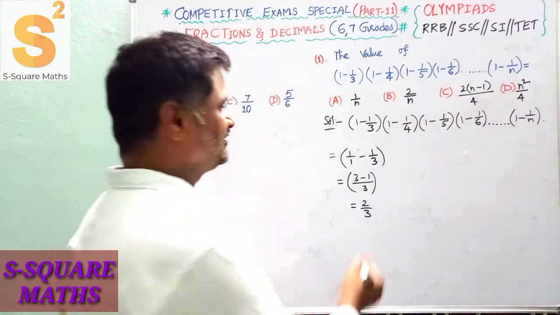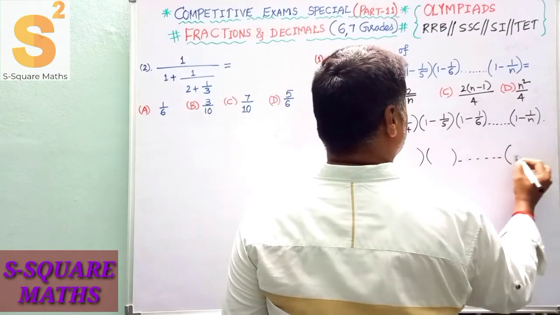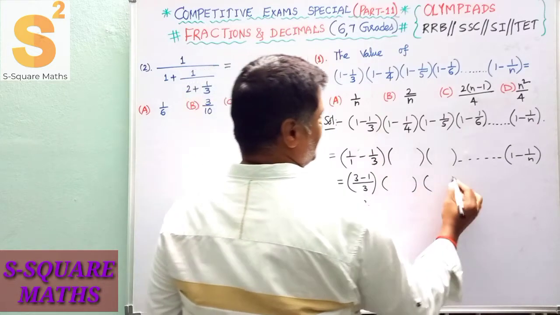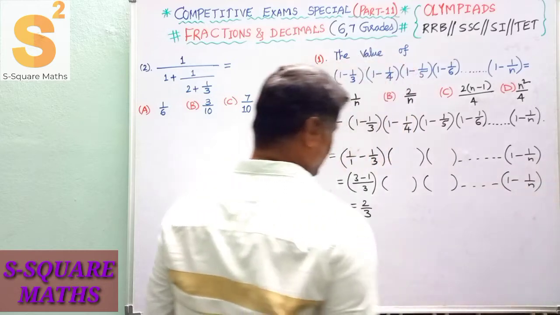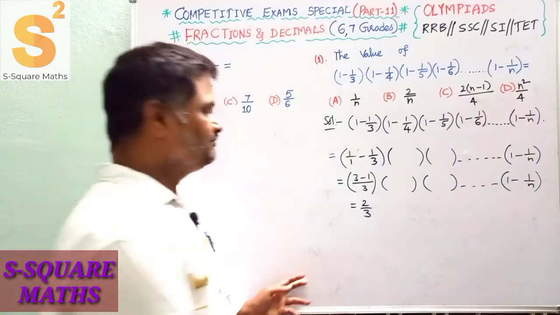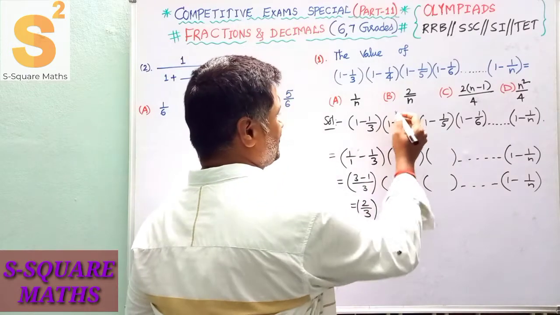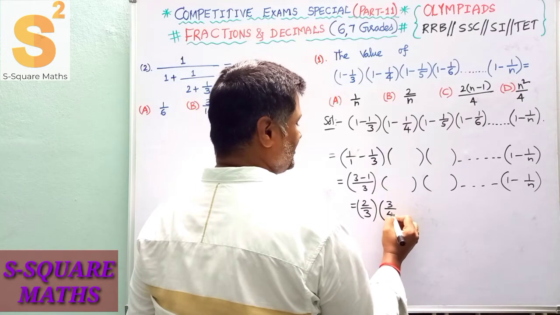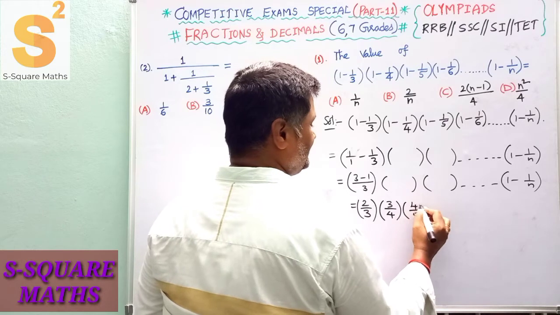In this way, the remaining all you keep like this, up to the same 1 minus 1 by n. So here it is 2 by 3. 1 minus 1 by 3 is 2 by 3, and this is nothing but 3 by 4, and here it is 4 by 5.